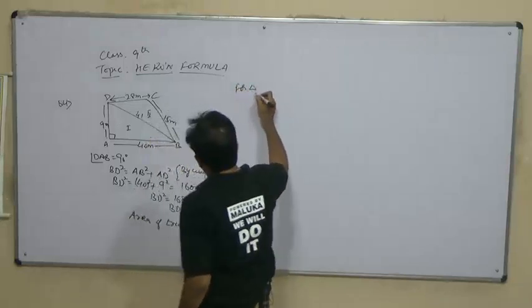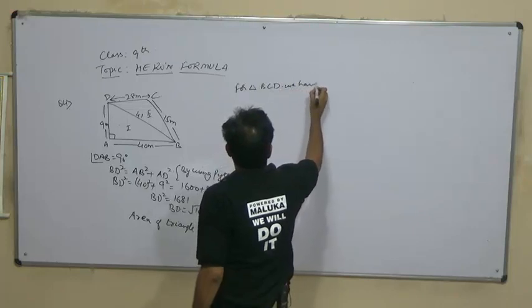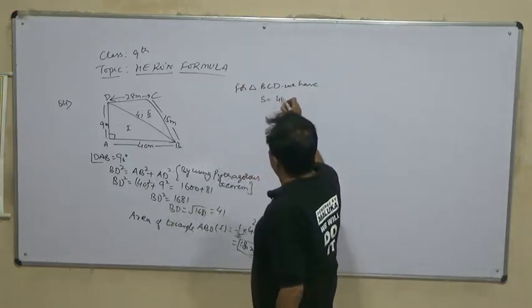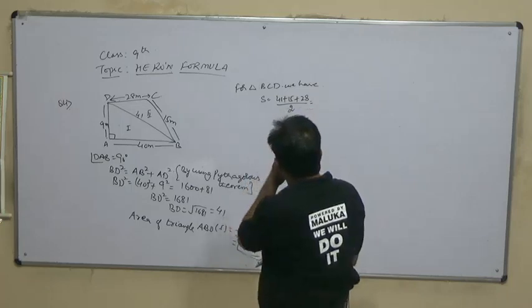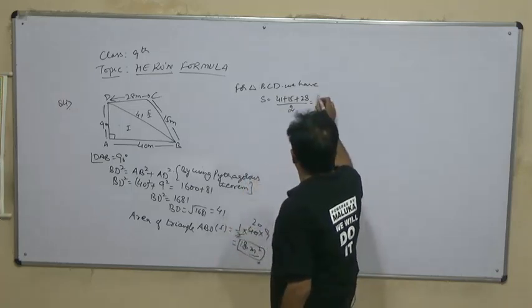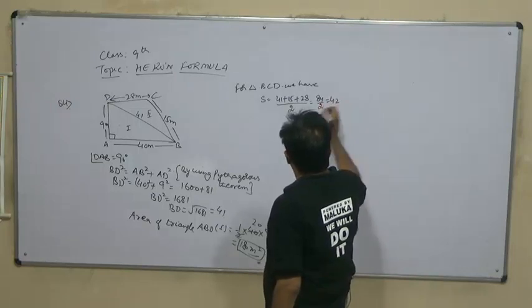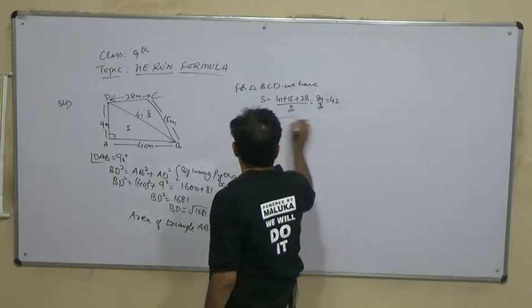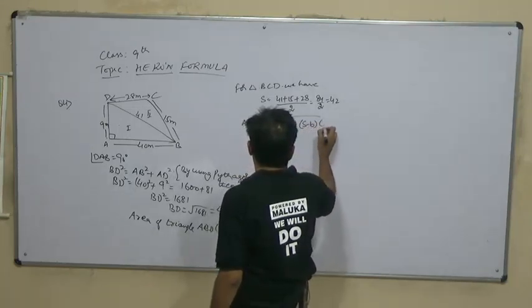For triangle BCD we have S is equal to, what will be the value of S? 41 plus 15 plus 28 by 2. So this will be 84 by 2, which is 42. Now area will be equal to square root of S into S minus a, S minus b, S minus c.